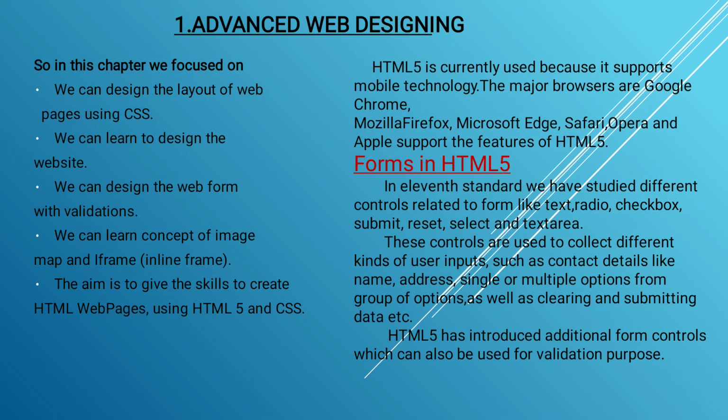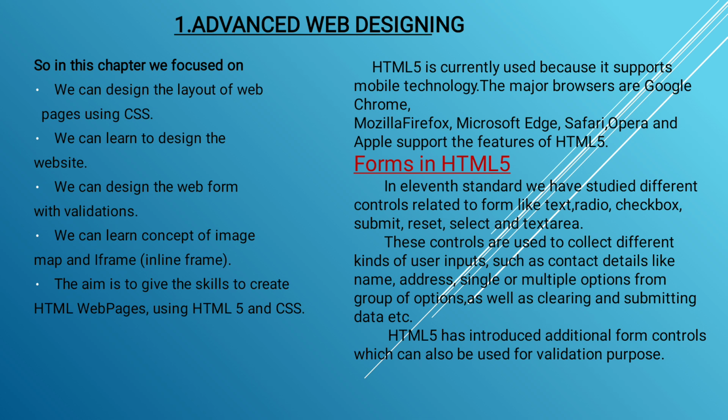What did we see last time? Just focus on that. First, we learn about what are forms in HTML5. As you know about forms, it's nothing but taking input from the user, right? In 11th standard, we already learned about text, radio button, checkbox, submit, reset, select, and text area.